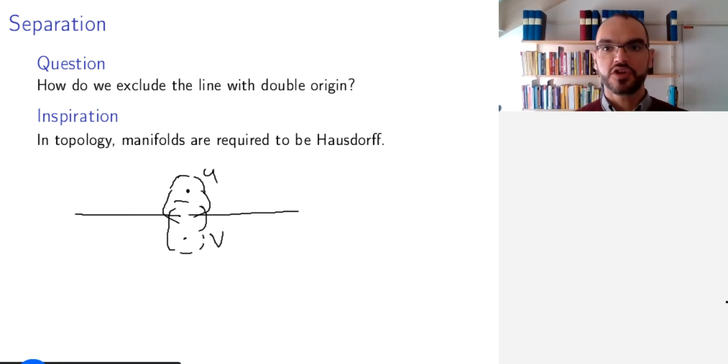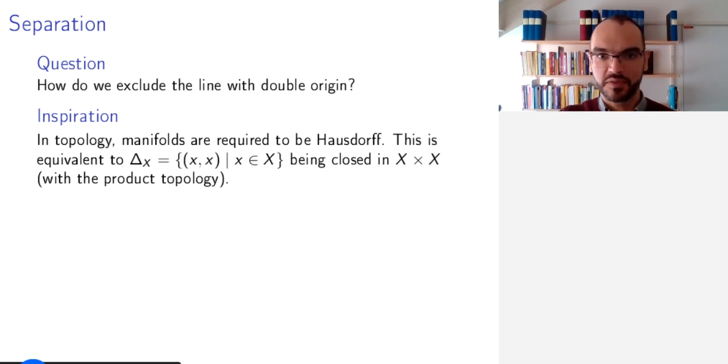In algebraic geometry, unfortunately, we do not have access to the Hausdorff property. If we required spaces to be Hausdorff, things like already the affine line would be excluded, and we do not want to do that. So looking back into topology, we see that the Hausdorff property can be proved to be equivalent to the following property: the diagonal is closed in the product with the product topology.